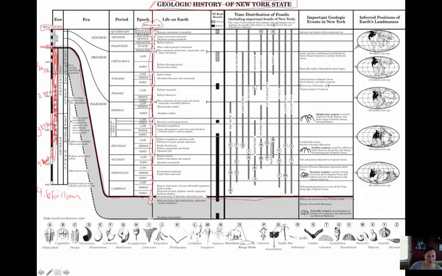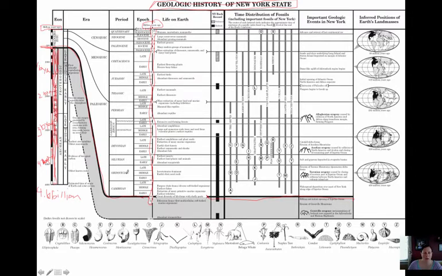Now notice that name, the Precambrian. That implies it's before something. The next time period here is the Cambrian, and that begins the last 500 million years, which is the more recent period of time.